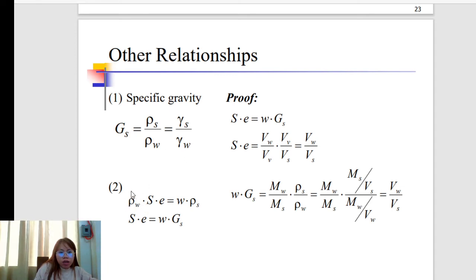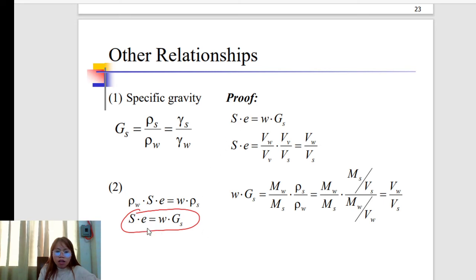And also we have this relation: the degree of saturation times the void ratio is equal to the water content or moisture content times the specific gravity. Or if we try to divide this one by this one, this will become this, no? The proof is this, no?